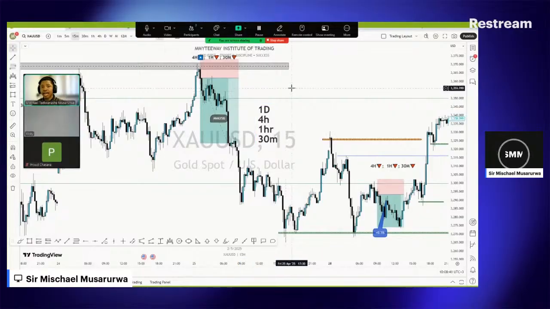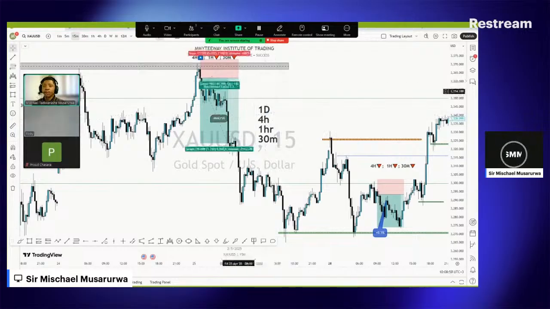EMAs are trend lines, but they are dynamic trend lines, right? When we have a trend line, we enter on a retest of a trend line. So we want to avoid those 4 hour EMA retests or 4 hour resistance levels and key levels.